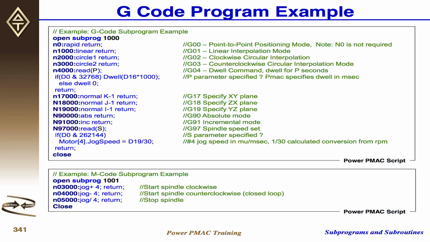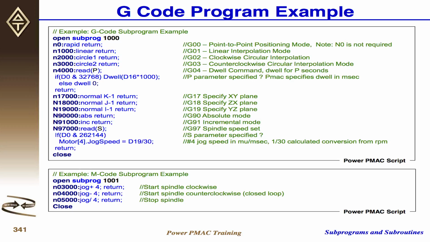So if this is clear, all of the rest is the same. G17 is the XY plane for circular interpolation. So you go to N17,000 colon normal. You select the normal, K minus 1. G18 is the specified ZX plane. So you go to N18,000, selecting your normal, J minus 1.